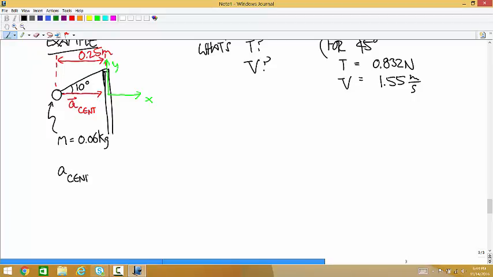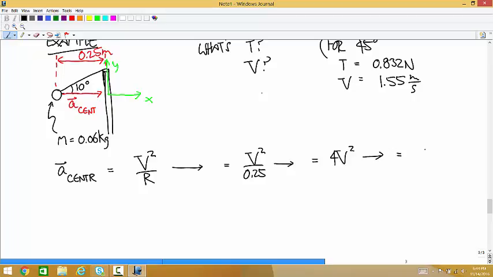The centripetal acceleration is v squared over r, pointing in the positive x direction. We don't know what v is, but we know r is 0.25, so that's v squared over 0.25 this way, which is 4v squared this way. And then in components, that's the positive x direction, so 4v squared and then 0 for y.